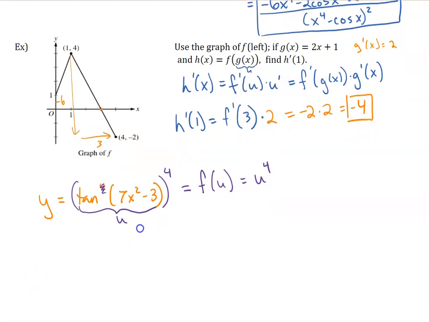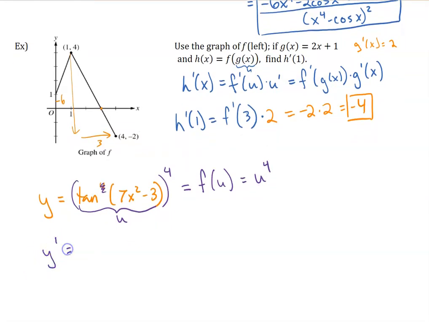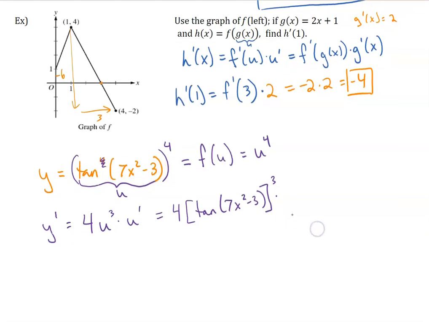So then using our chain rule, y prime is 4u cubed times u prime, okay, which is going to be 4 times the quantity tangent of 7x squared minus 3, and that is cubed, times, now we need to take the derivative of tangent of 7x squared minus 3. So I'm just going to pause on this for a second and do that separately, okay?